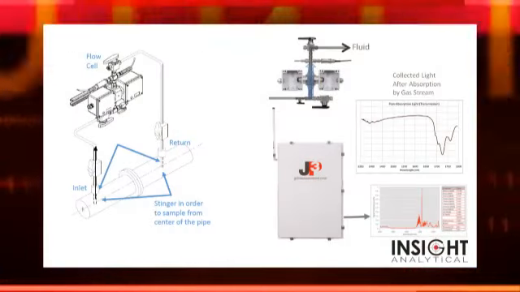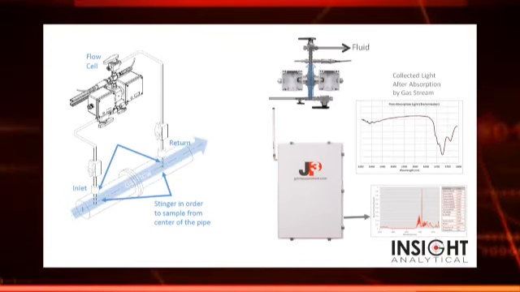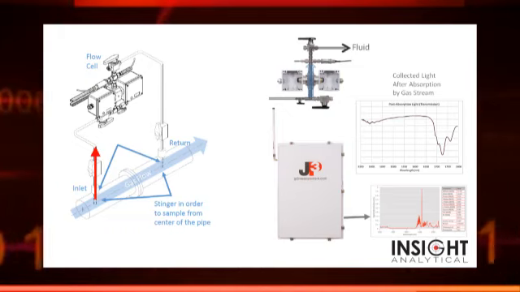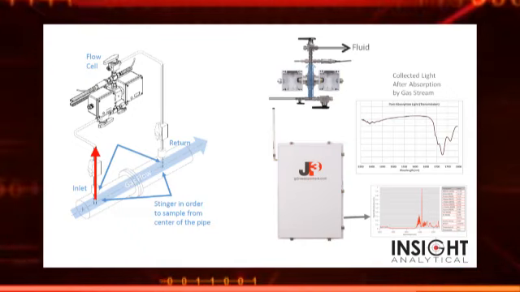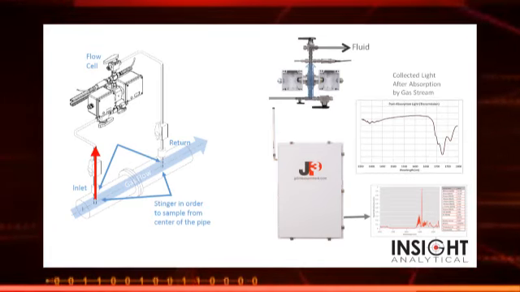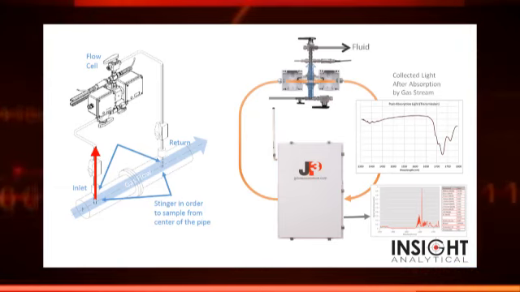We go out to some place, find a pipe, and we find two spots that have some pressure differential to them. We take one tap that acts as the inlet. It allows fluid to flow up to the cell. The lower pressure point, the return point, we put downstream. Into that, we put an electronics box out in the field, and we connect it up to that sample point via fiber optics.